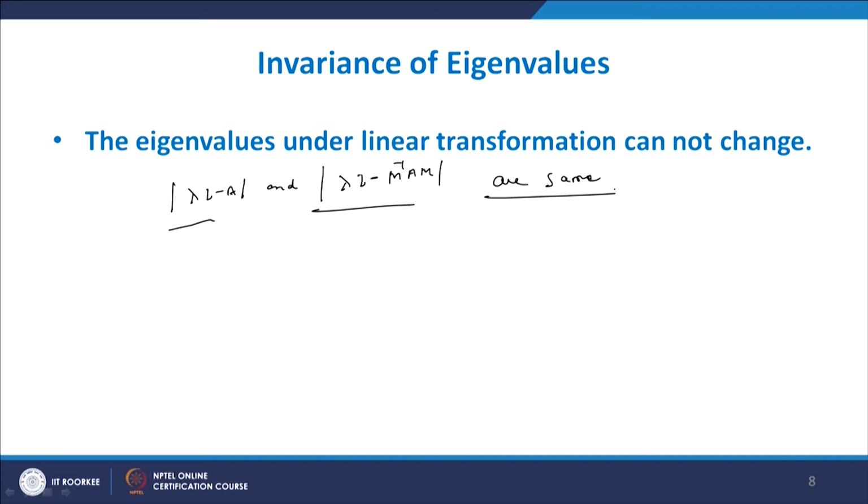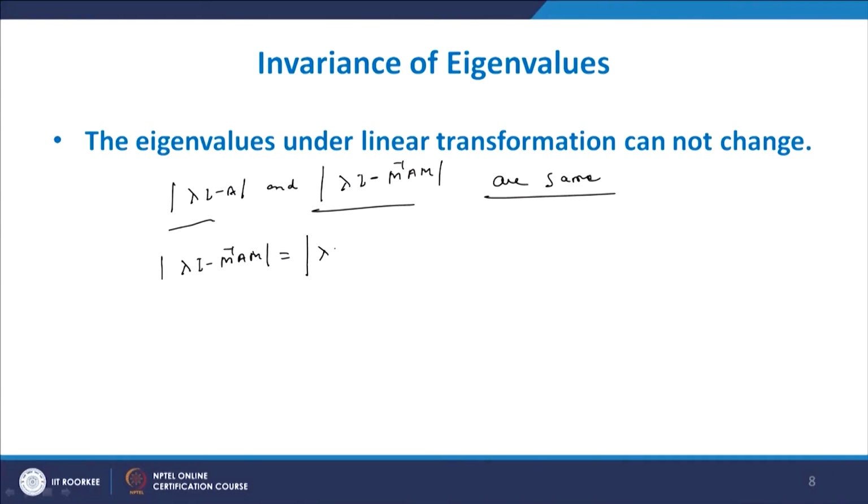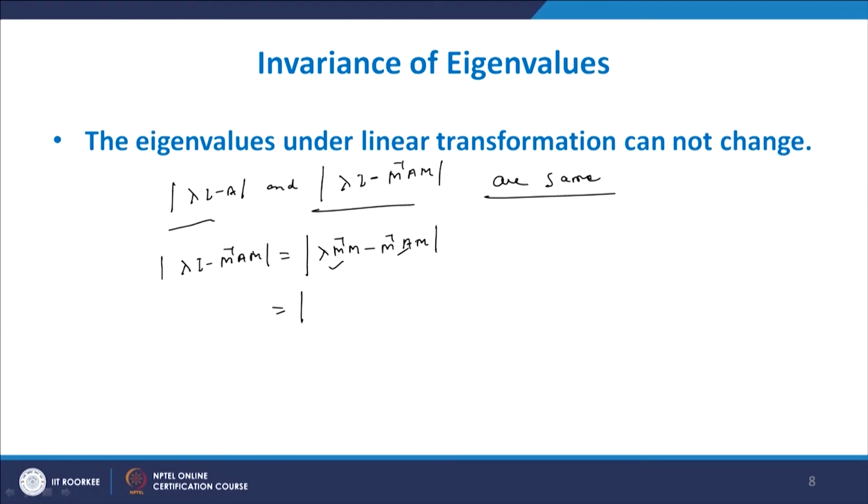For that purpose we write lambda I minus M inverse AM equal to, now this identity matrix I we can write as M inverse M. So we can write lambda M inverse M minus M inverse AM. Now M inverse M appears on both sides, so we can take M inverse on one side and M on the other side.